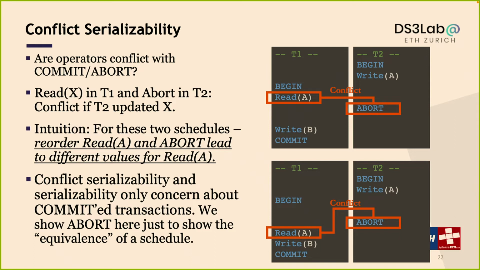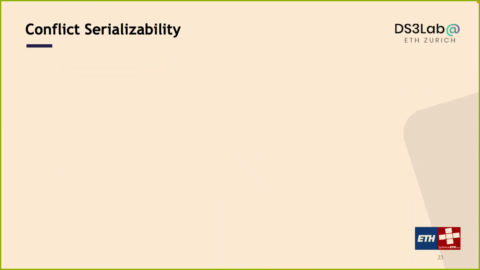You're going to roll back. So essentially, you cannot swipe the order of abort and read when you know the aborted transaction updated the same value. Makes sense, right? Because if you swipe, you're going to get a different thing.